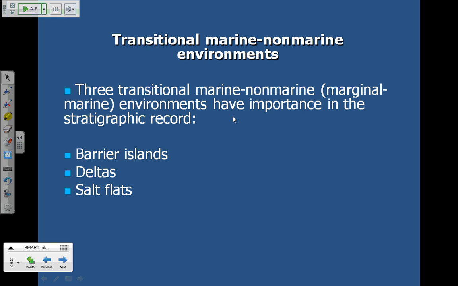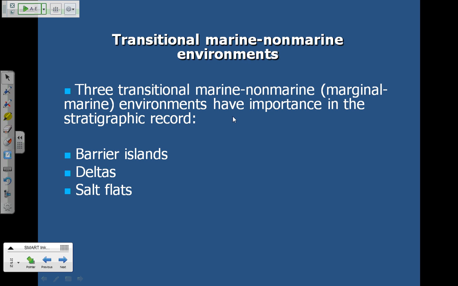Transitional environments. Transitional environments are very important because these can tell us where the coastline was. And if we know that, then we may be able to determine something again about the climate, right? Because if we can track where these transitional environments are at different times, we can tell if the sea level is rising or falling.